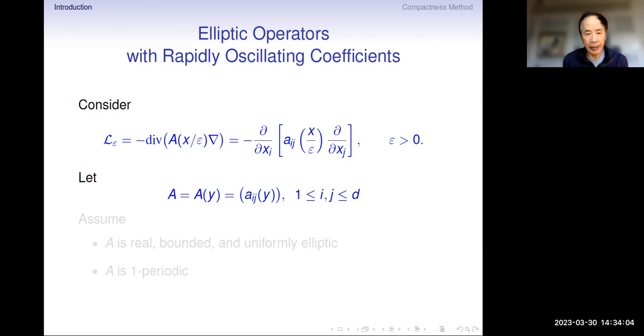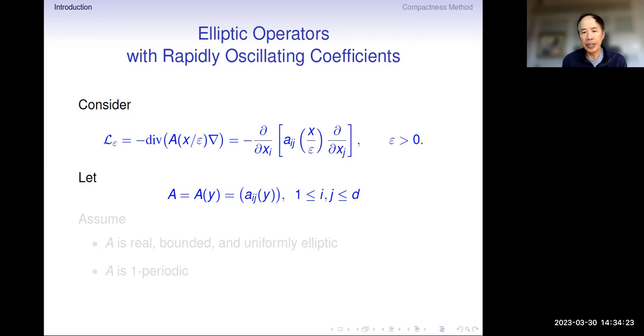So my operator depends on epsilon, written in the form of minus divergence of A of x over epsilon times the gradient. Okay, and you can write this out in components, in indices here.